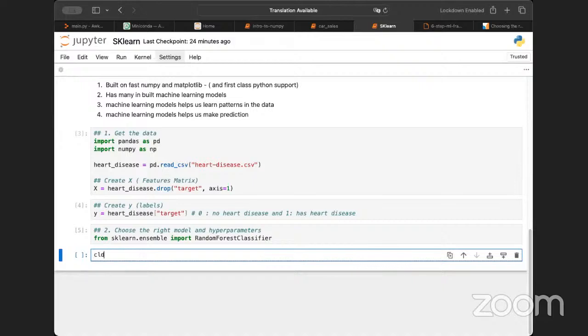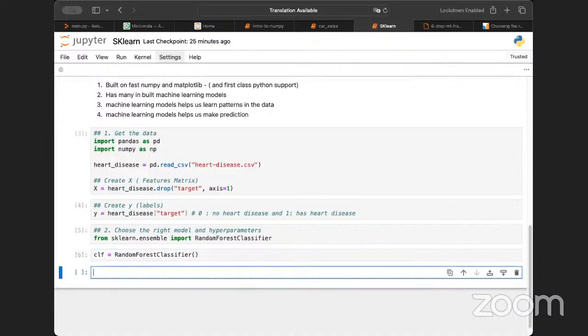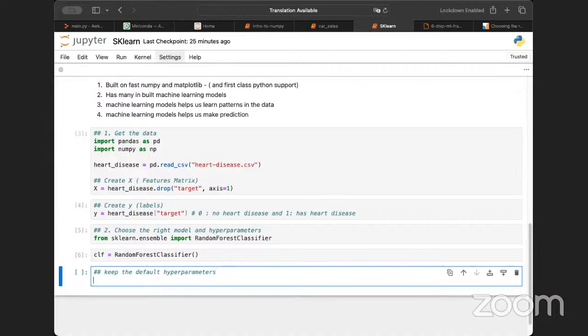Now let's say our classification model, we are using random forest classifier. Let's say it. Right. And now we need to keep the default hyperparameters. So we are keeping default hyperparameters in here.